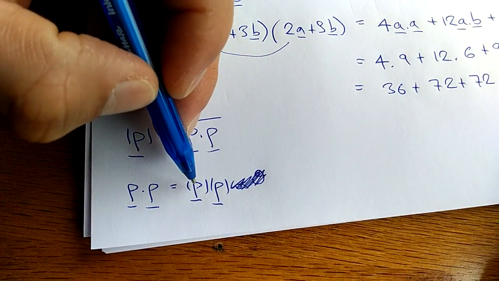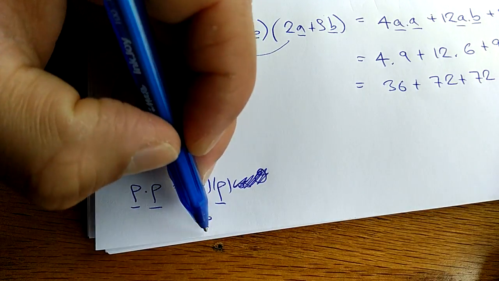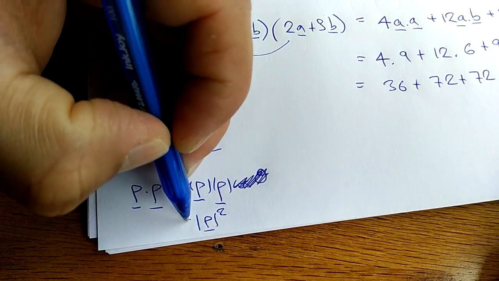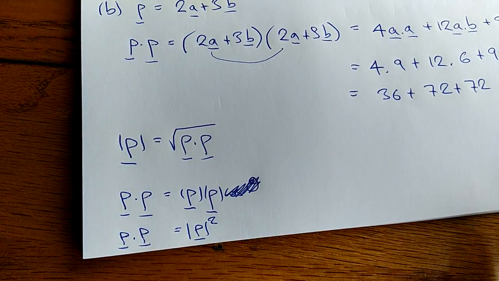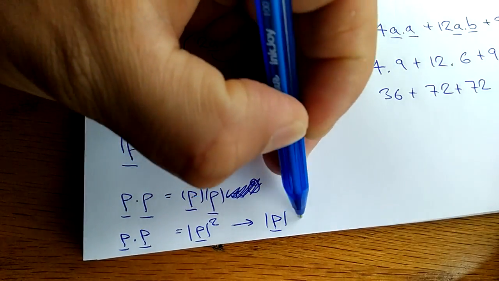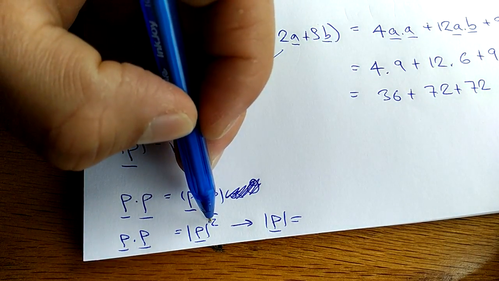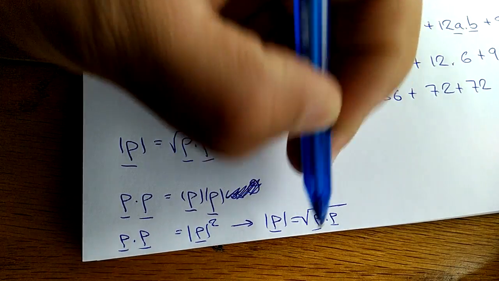So if you just want one of these two, and again that can be rewritten as that, running out of space here, so that can be rewritten as that. So if I just want the magnitude of p, then I can take my squared over to the other side, and it just becomes a square root of p dot p.